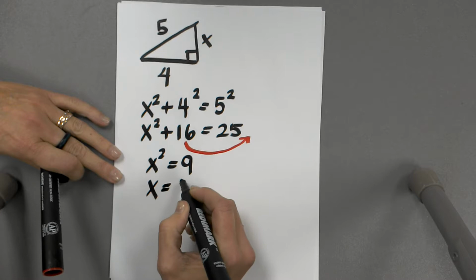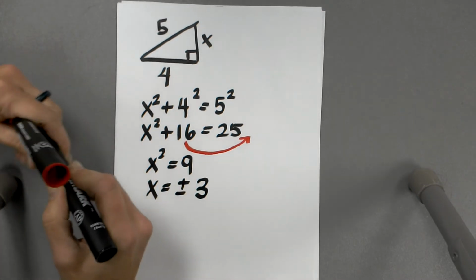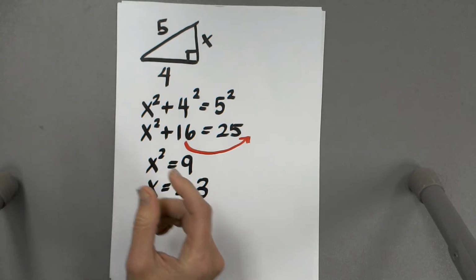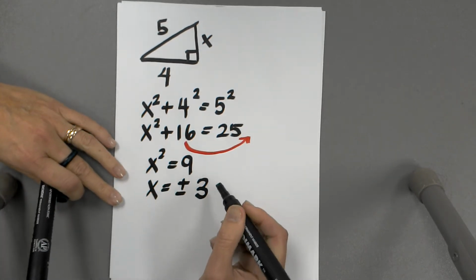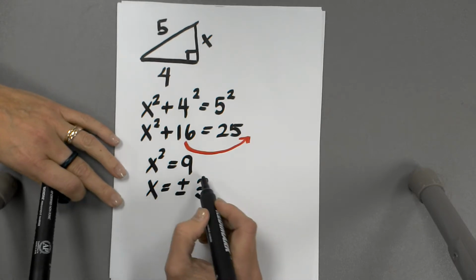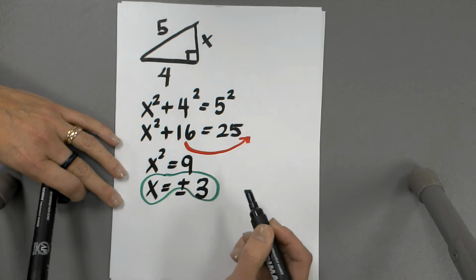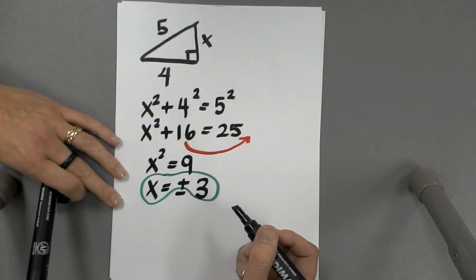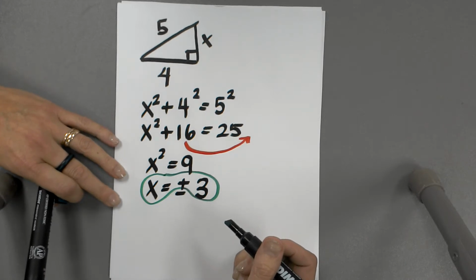So when we take the square root of both sides, we get plus or minus 3. Now on a quick side note, the solution to the algebraic equation is x is equal to plus or minus 3, but x represents the length of a side of a triangle, and that can only be a positive value. So we're only going to worry about the positive solution when we use the Pythagorean theorem.